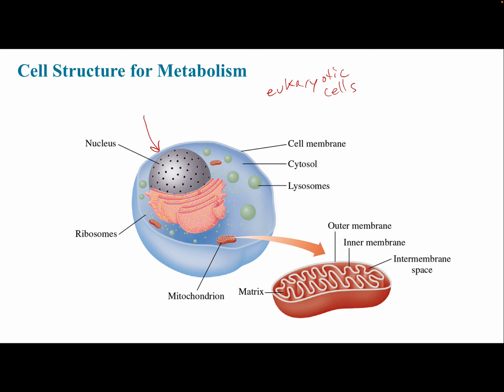The cell membrane separates the materials inside the cell from the aqueous environment outside the cell. Within the cell environment, we have lots of different organelles that do different jobs. We've talked about the ribosomes and their function in protein translation. Lysosomes contribute to the breakdown again of molecules, or they have oxidizing agents that are stored inside them.